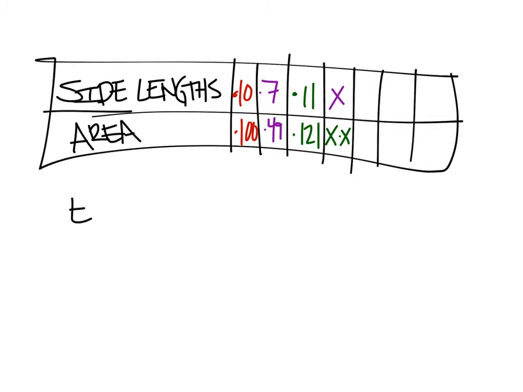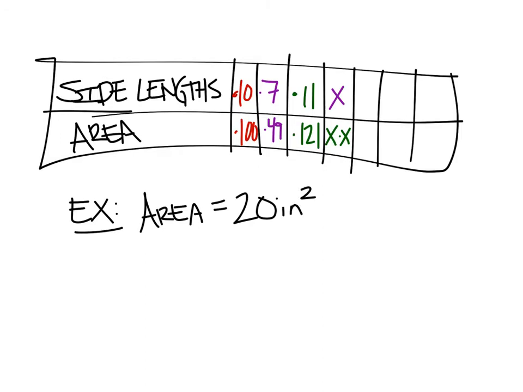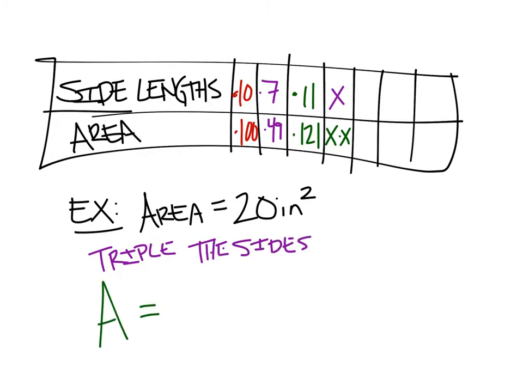Let's say that I started out with something that had an area of, we'll say 20. That should be easier. 20 inches squared. And I'm going to triple the sides. Then what would the area of the new shape be?